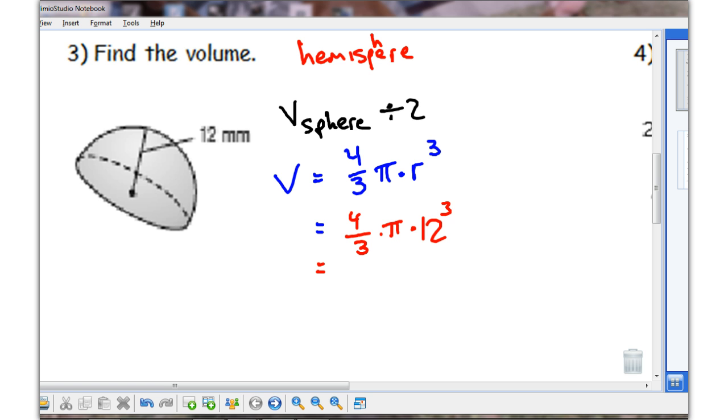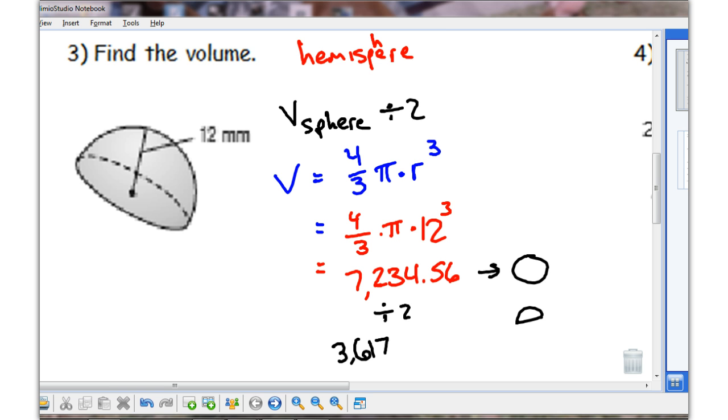You can use that caret button on your calculator, 12, and then the up caret, and then 3. When you do that, you get 7,234.56. Remember that's the whole sphere, but when you just want half a sphere, you have to divide that by 2, and we'll get 3,617.3 millimeters cubed.